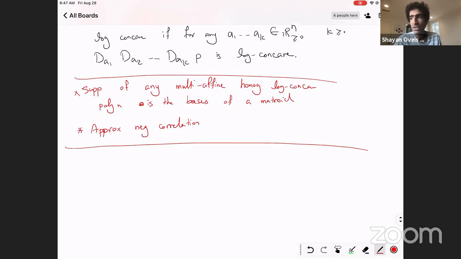You can imagine, in general, it shouldn't be, right? Because you can make some coefficients very, very small and the rest of them equal to 1. So practically, even though the support is correct, the coefficients very close to 0 do not really matter. So practically the support of your polynomial is just a subset of the bases of a matroid, which is not really the bases of another matroid. So it's not true that for any set of coefficients this works.